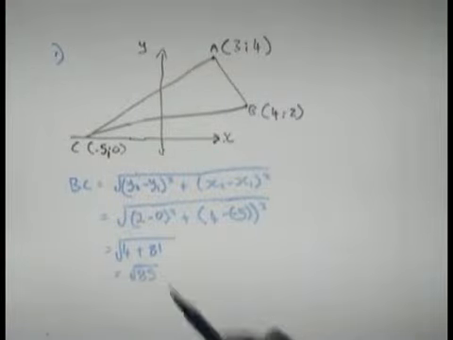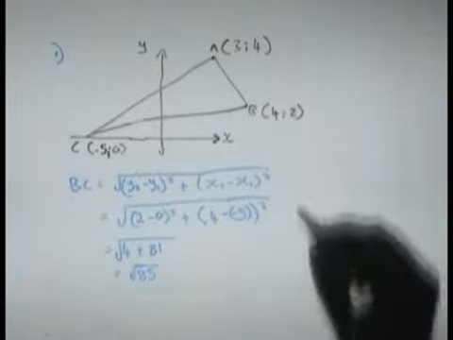Do I need to simplify it further than that? In this case, don't. Leave it just as is. That's for BC.